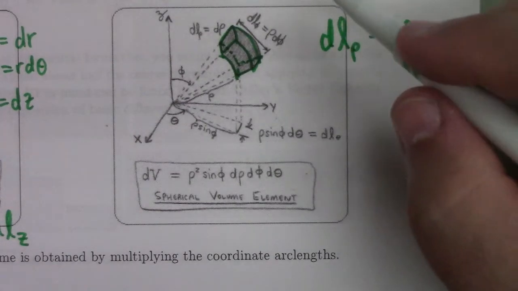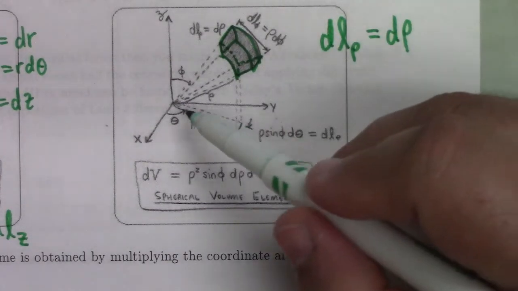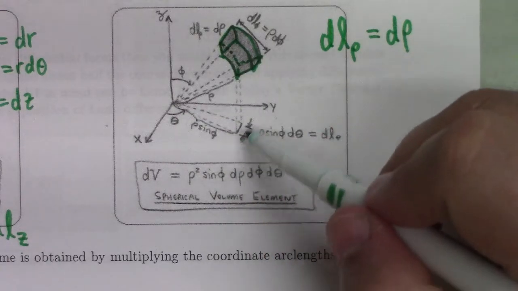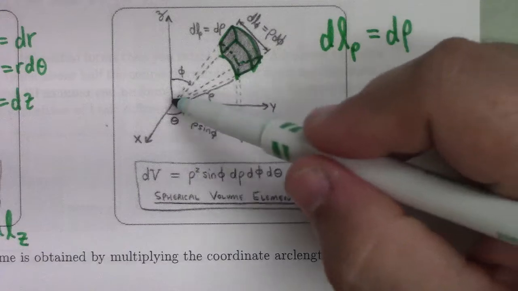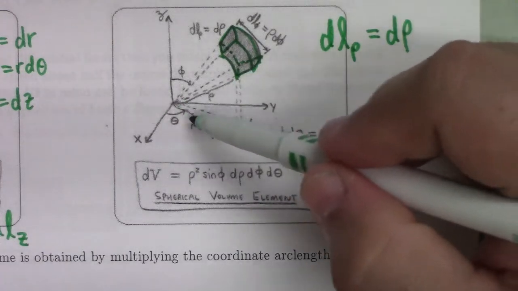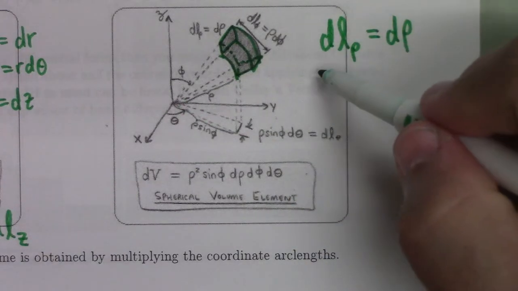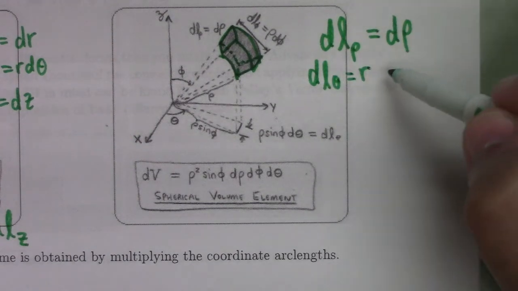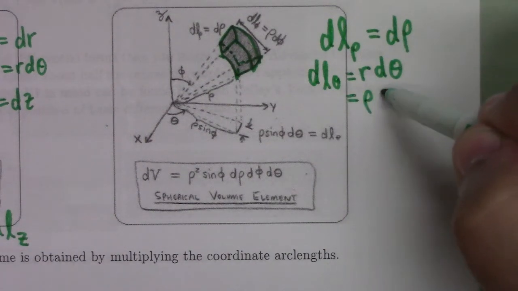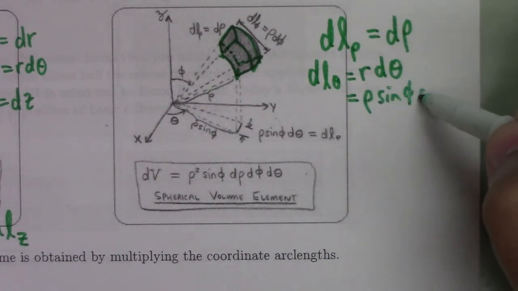But in contrast, if you think about swinging theta, you have to think about the radius that theta is swinging along, which is actually r, right? So dl theta is r d theta, but in spherical terms that's rho sine phi d theta.